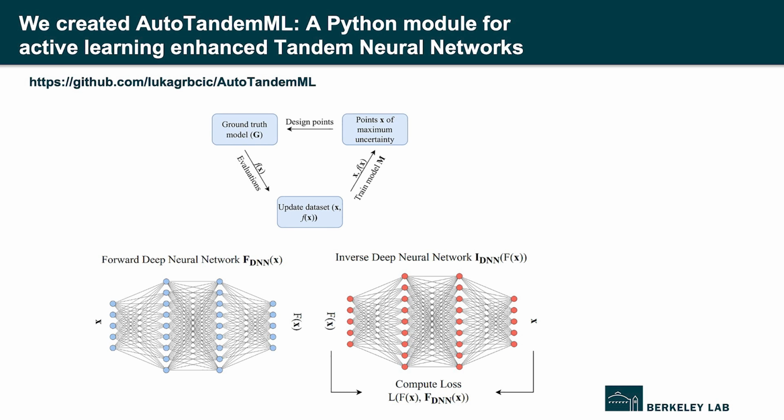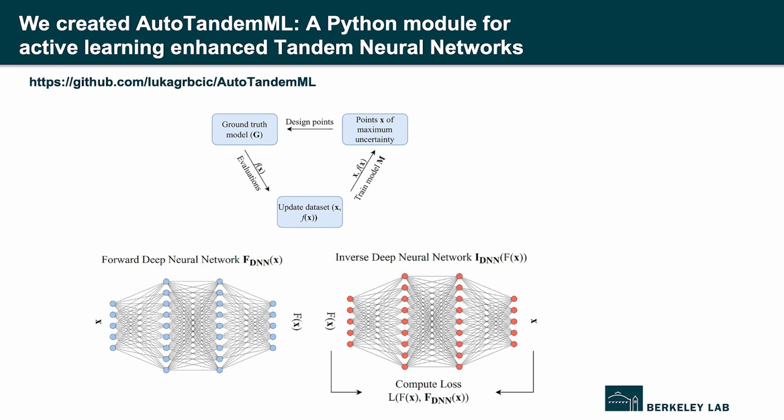So we just need to get the f of x's from your experiment given some specific set of x's. Also, it's designed for high throughput experiments. We have some novelties here that include batch selection of these sampling points because we don't want to do things sequentially, essentially.